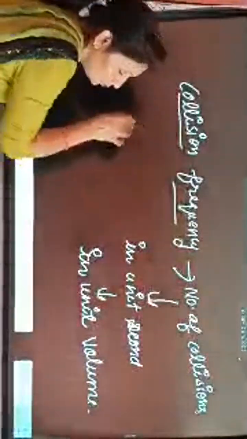Collision frequency means the number of collisions that take place per unit second and per unit volume, in one second, in unit volume, how many collisions happen, that is known as the collision frequency.